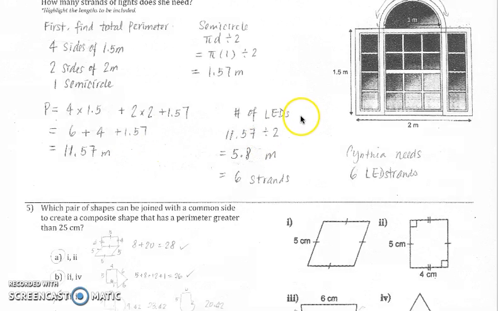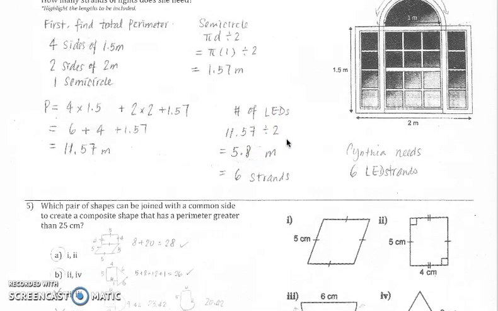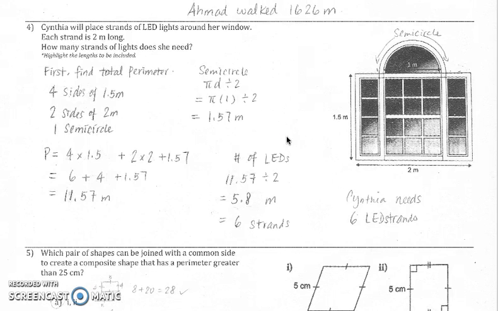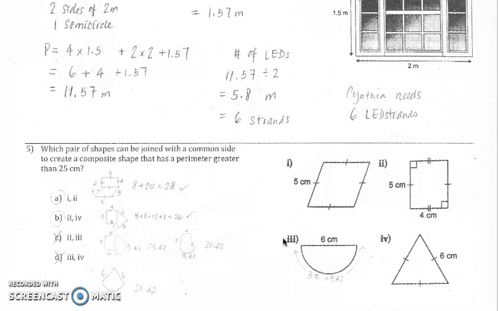For the number of strands of LEDs, you will have to divide the total length, 11.57 meters, by the length of each strand, which is 2 meters. It works out to 5.8 strands, so ignore the meter here. But we cannot purchase 5.8 strands of LED lights, so we need to round it up to 6 strands.